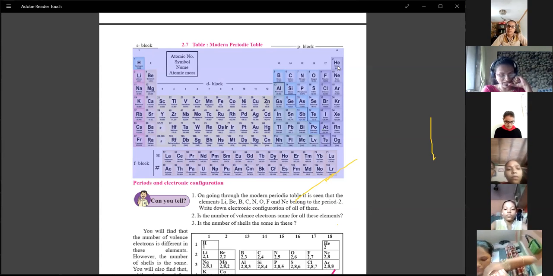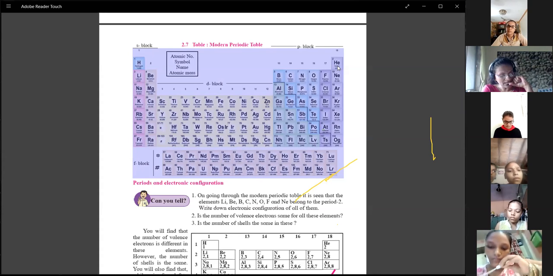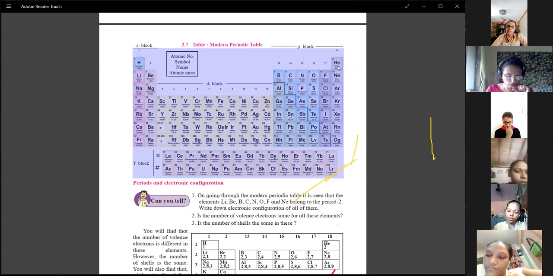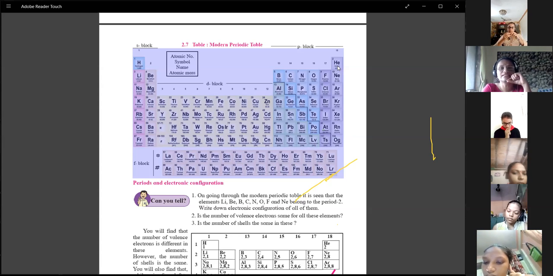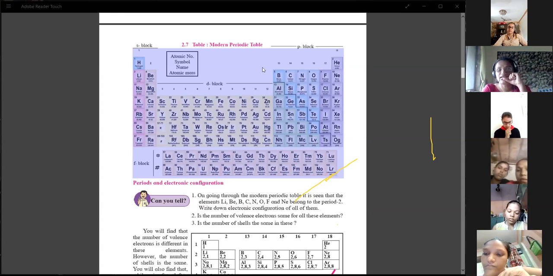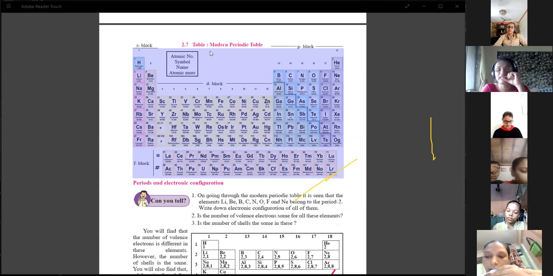Thus, the number of valence electrons in a metal is small. Also, the effective nuclear charge exerting attractive force on the valence electron is small. As a combined effect of these two factors, metals have a tendency to lose electrons, and non-metals have a tendency to accept electrons.